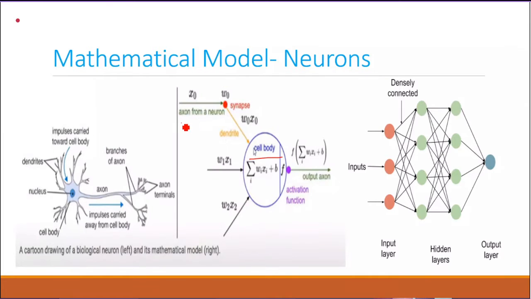The input is processed through what we call the axon of the neuron, where the weighted values are summed, that is, a summation of all the weights multiplied with the input values, and the bias is added. Then we apply an activation function to get the output.